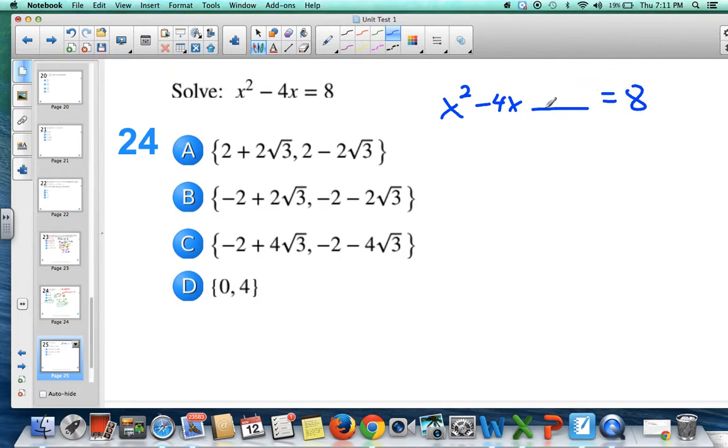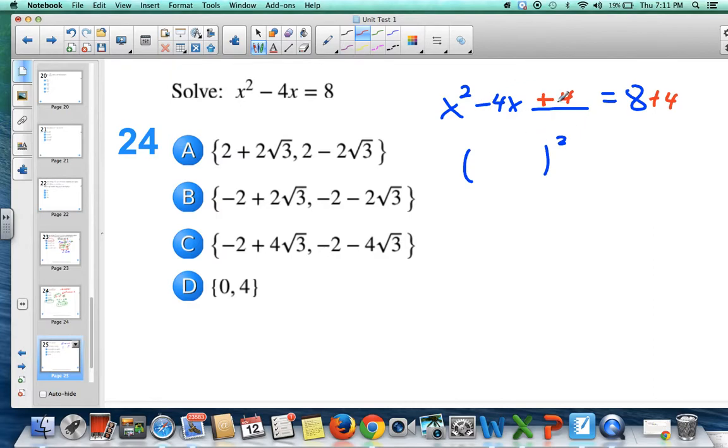I'm going to pick a number here that makes this a perfect square. To get this number, we take half of this coefficient right here. Half of negative 4 is negative 2, and then square it. So negative 2 times negative 2 is positive 4. So I add 4 here, and I also add 4 here.